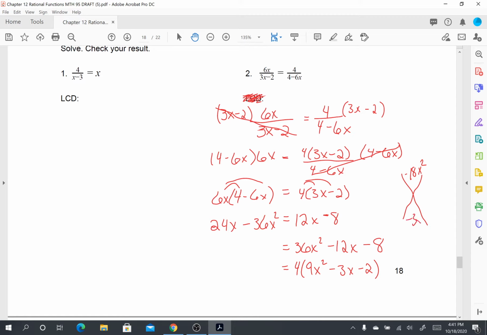And so I've got to think about what multiplies to make 18 but adds to make 3. 6 and 3. So 6x and 3x. And I'm going to set up my box.